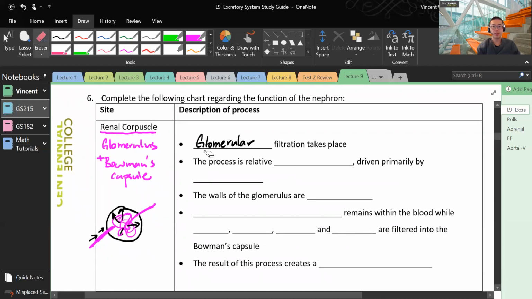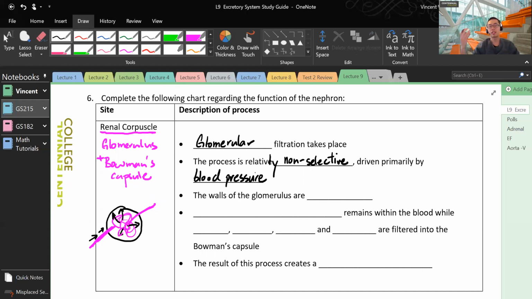This filtration process is relatively non-selective. Okay, relatively non-selective. And it's driven primarily by blood pressure. Okay, the higher the pressure, the faster the filtration rate.